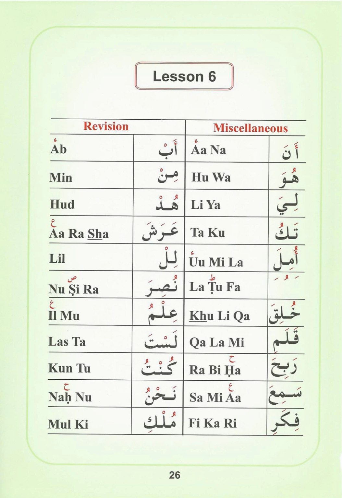Mim zer noon min. He pesh dal hud. Ain zabar a, re zabar ra, sheen zabar sha, ara sha. Lam zer lam lil. There is a jazm on the second lam. It means lil.